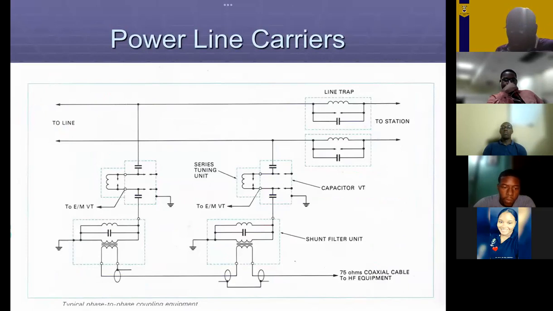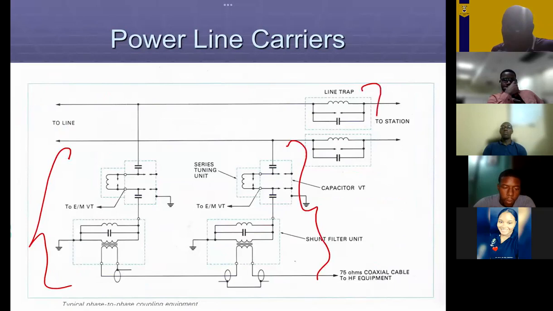Note that the entire communication and information section of the protection scheme does not impact customers. So to the line, you put that on. Coming into the station, you take it off.